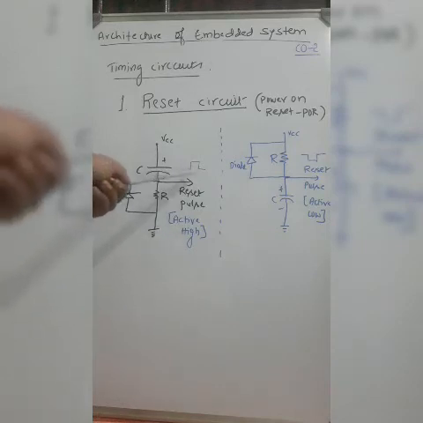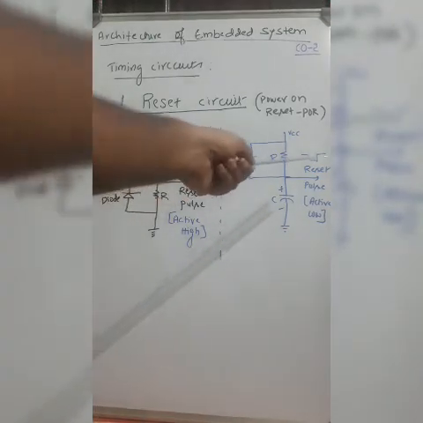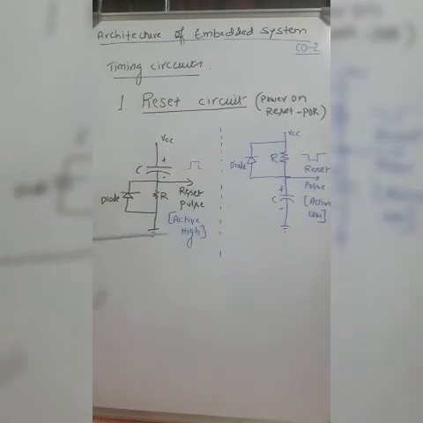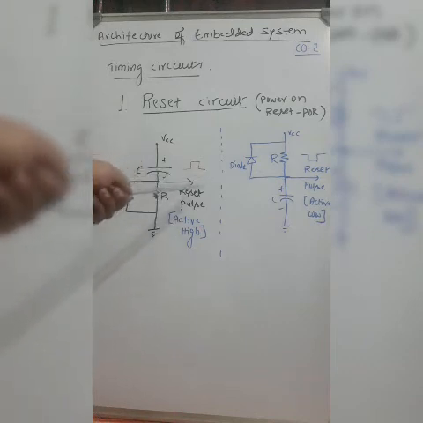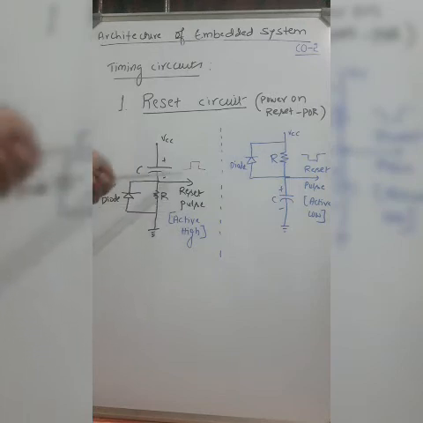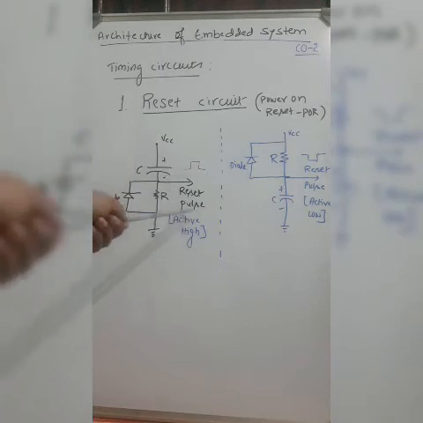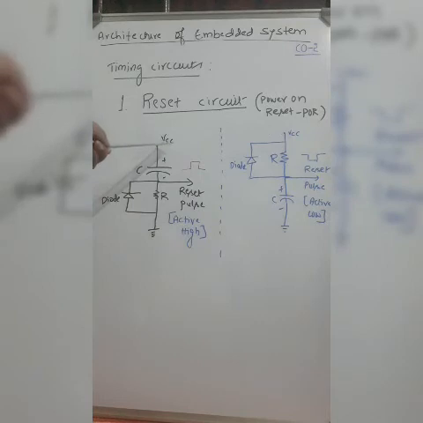So you can produce either an active high reset signal or an active low reset signal. It will be a combination of passive components like capacitor and resistor. Herein, the active high signal is generated by taking the reset pulse across the resistor, because when you apply VCC, the capacitor needs some time to charge up.